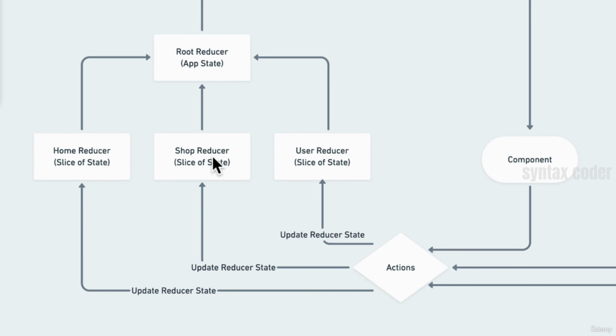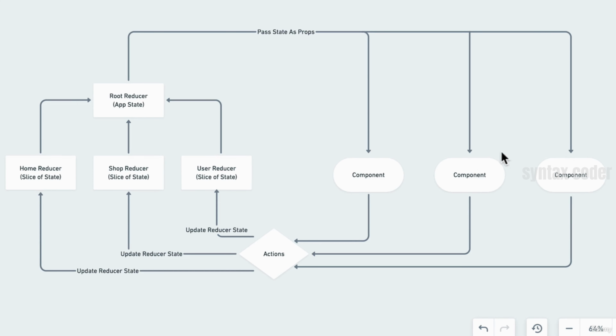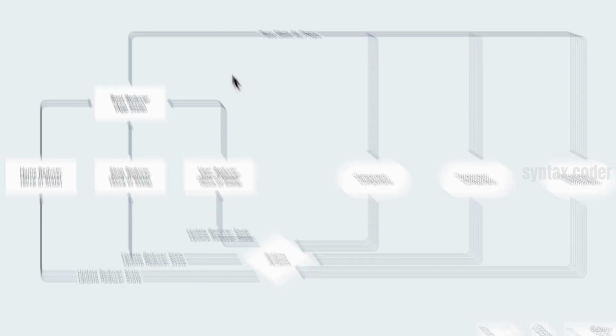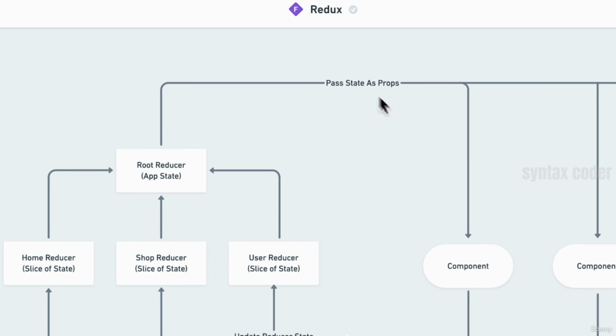Anything related to our shop items, for example, that we need to display would be in a shop reducer. And then anything related to our home, say our directory items, would be in a home reducer. And they all combine together into one big object, one big state object called the root reducer. And then from the root reducer, when the components need those pieces of state in order to populate and display their views, we would pass that state into those components as properties.